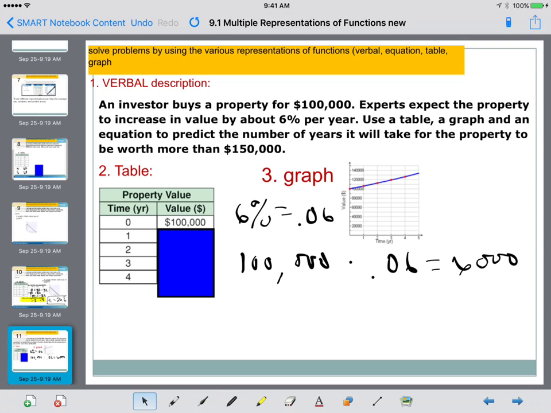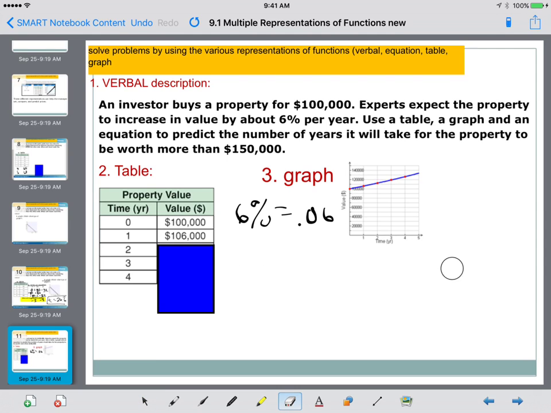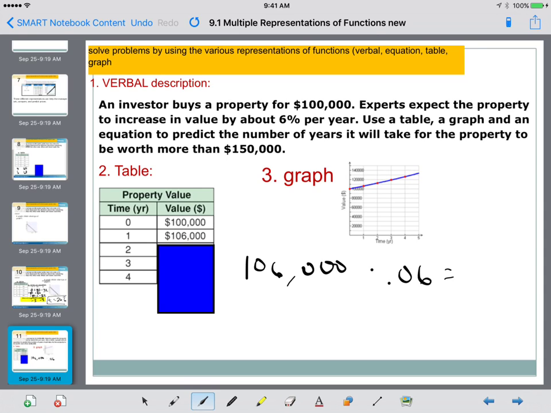So if we gain $6,000, after 1 year, the property is worth $106,000. Okay? Each year it increases by that. So for year one, it's worth $106,000. We're going to take that number and multiply it by 0.06.